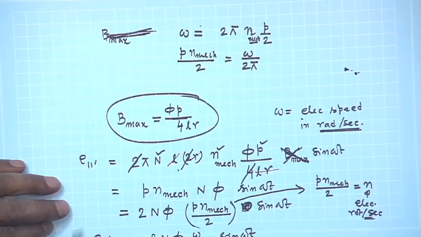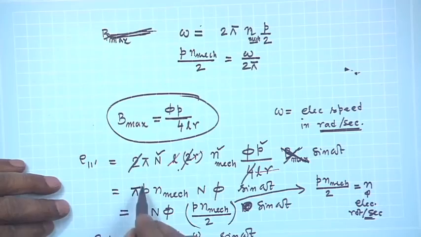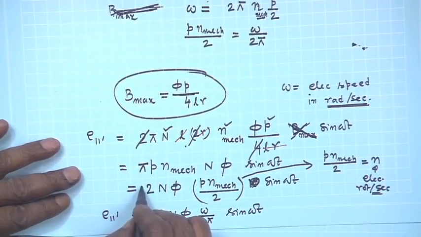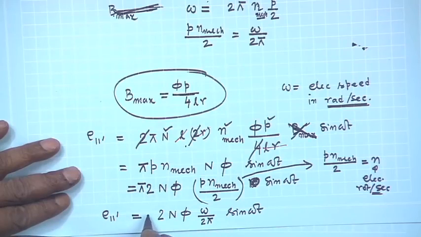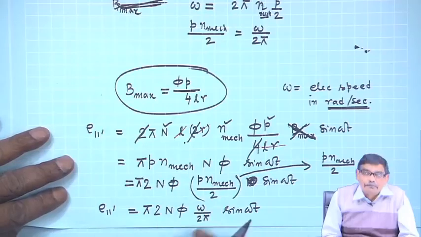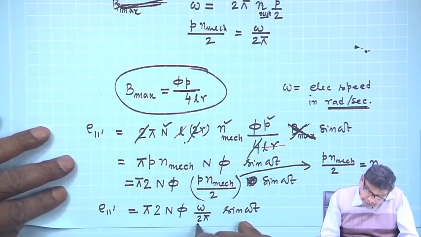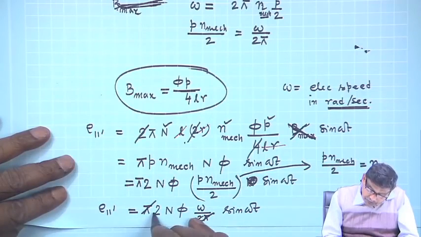Oh, there was a pi here, is it? I missed one pi here. There was a pi here, correct? So, there was a pi here and there was a pi here. Now, I am happy. So, I missed some pi, as you can see from this step to this step. So, this pi will go and this 2 will go.